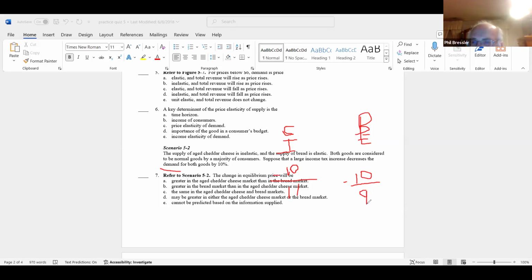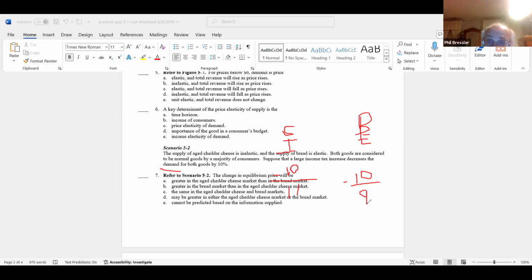Ben, does that make sense to you? Now, here's where I think you'll see more of tomorrow. What happens to the equilibrium price for cheddar and for bread? Well, for both of them, it's a leftward supply shift. So therefore, the equilibrium price for cheddar will be down and the equilibrium price for bread will be down. Now, how about if they ask you what happens to the equilibrium quantity for them?